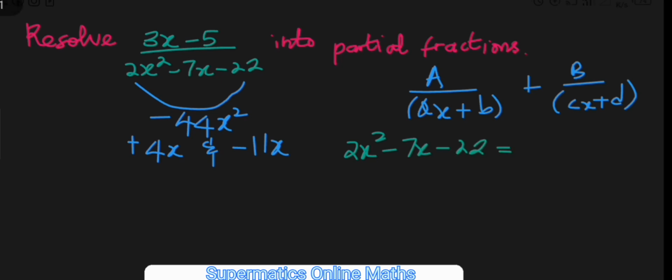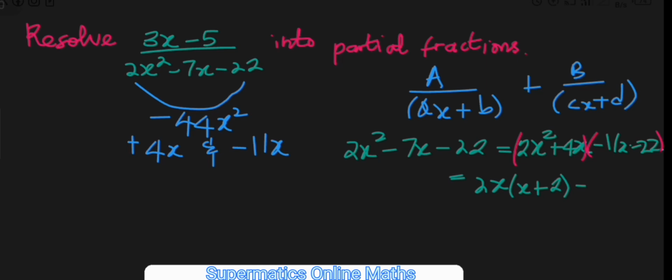Now that we have the factors, the quadratic expression can be written as 2x² + 4x - 11x - 22, where we do double grouping, so that from the first group we can factor 2x with (x + 2) in parentheses, and from the second group we can factor negative 11 with (x + 2) also left in parentheses.